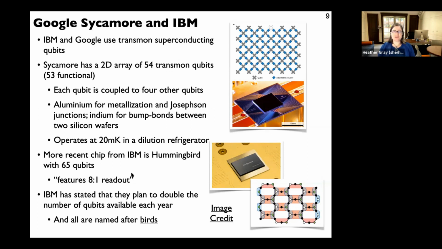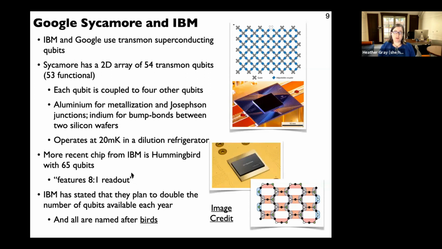I tried to find you some more details about it. Unfortunately, as we were discussing yesterday, these are things that are coming out of companies, so there's often very limited information available. This is a picture of it. It has 65 qubits, and it has an interesting technique used for the readout.